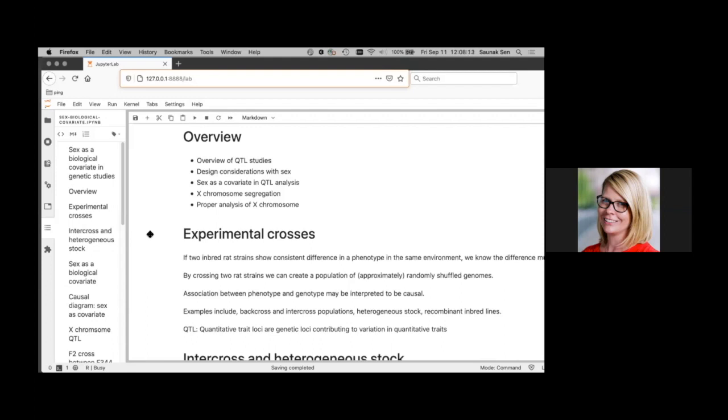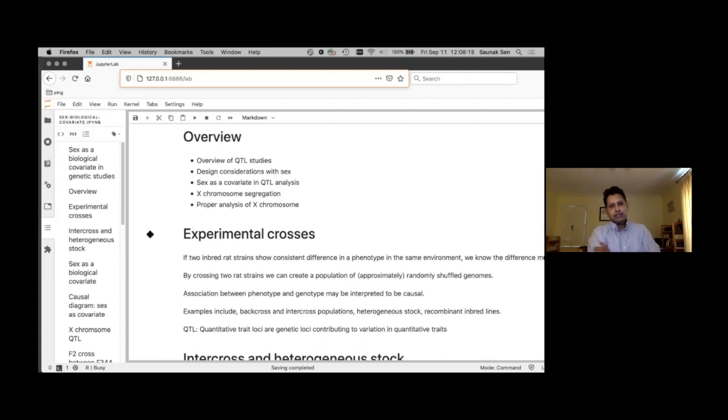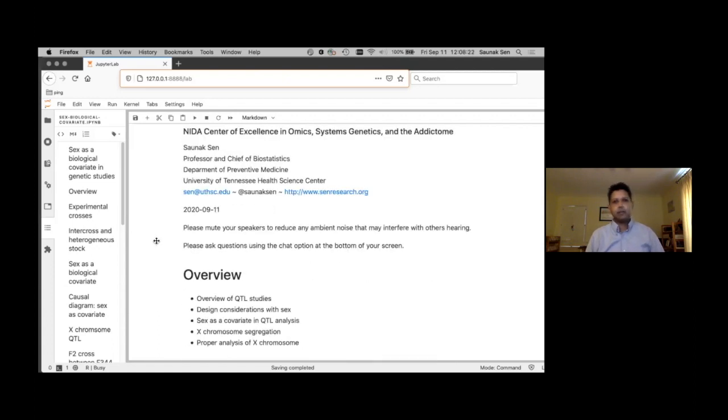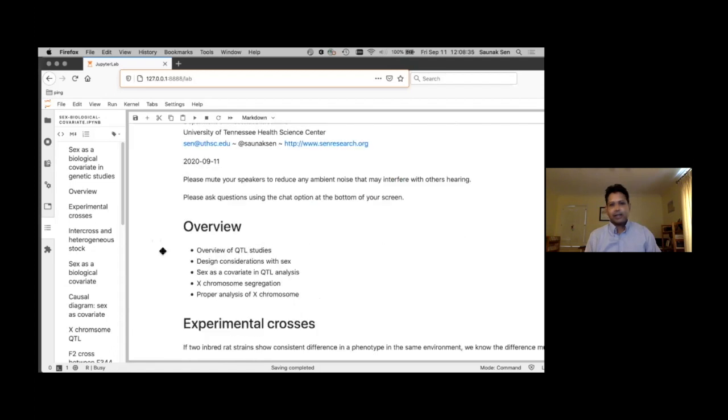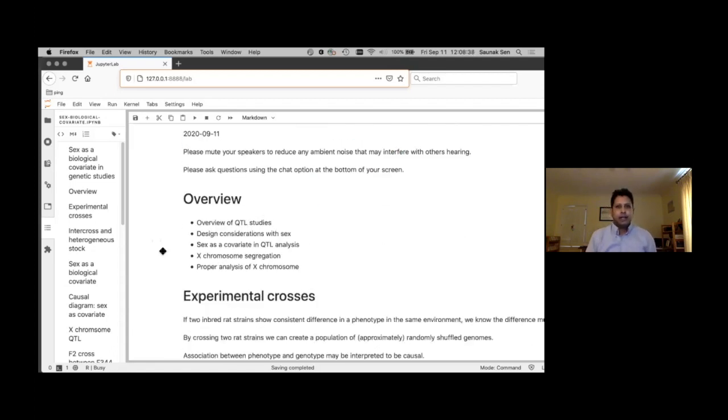So to recap, why is this question important? The first reason is that NIH has an explicit criterion, sex as a biological covariate. If you are submitting a grant, NIH will ask you to address it. Typically, most reviewers are just looking at sex balance and the implications of that in the study.